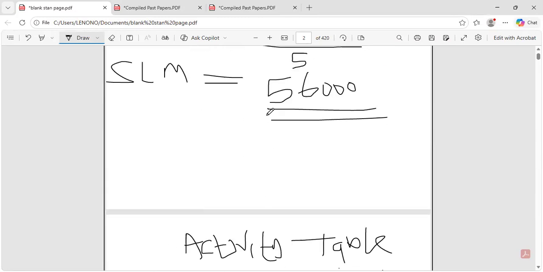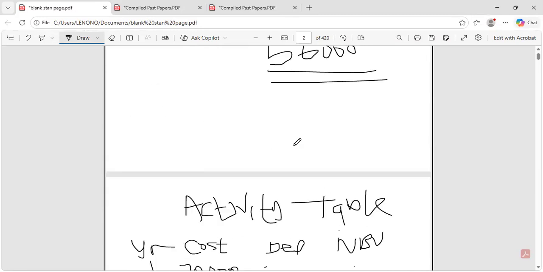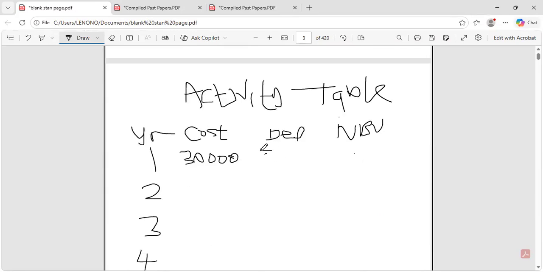What's the depreciation? If we do an activity table using this one, it will be 5,600. So what's our net book value for the first year? It will be 24,400, not so?